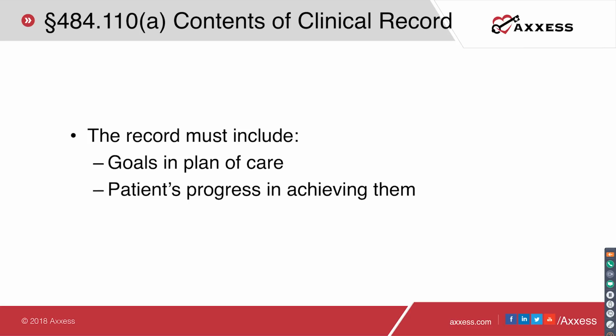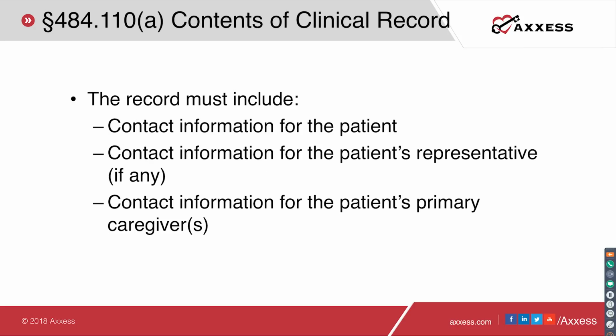Here's a little bit that I wanted to tell you about some new functionality here. The record must also include the contact information for the patient, the contact information for the patient's representative if they have any, and the contact information for the patient's primary caregiver. And again, we've included this in our patient intake or new patient form because we know that it has to be in our record, and it can be difficult to get this information.